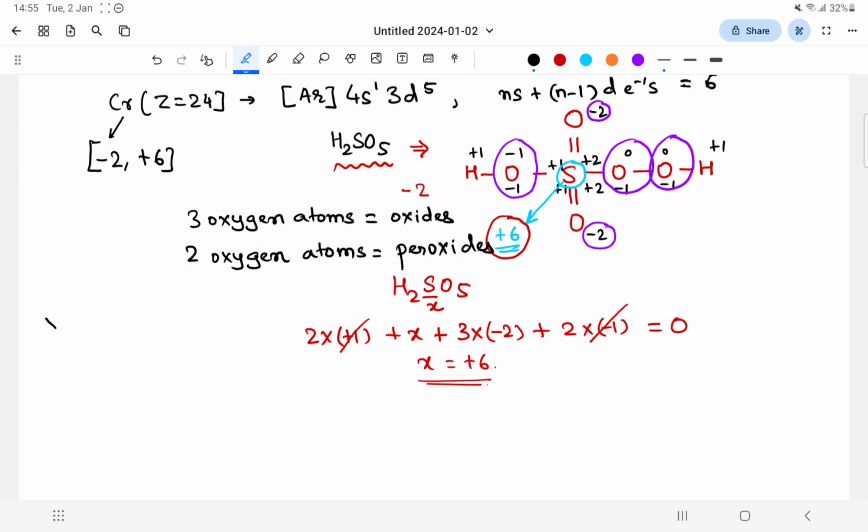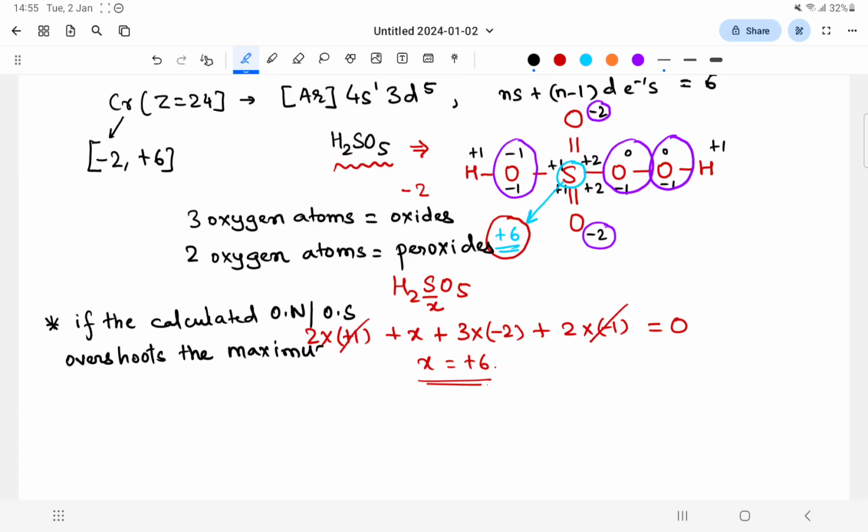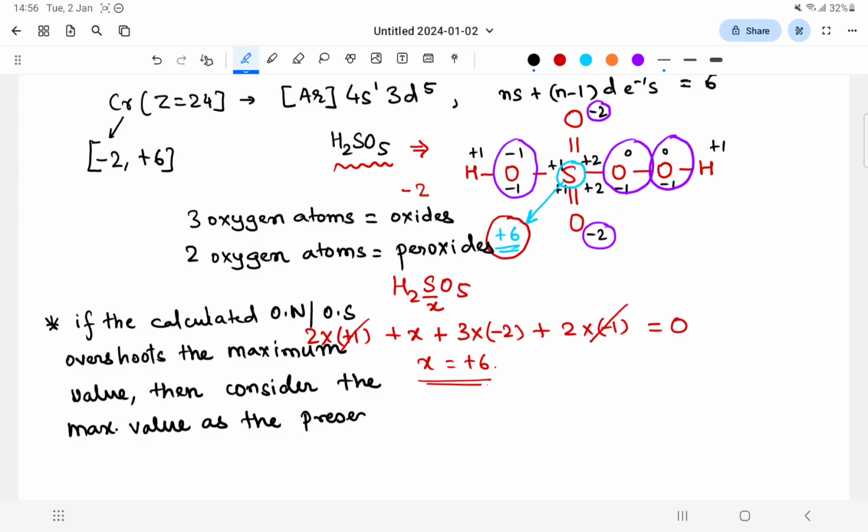So the concept is that if the calculated oxidation number or oxidation state overshoots the maximum value, then consider the maximum value as the present oxidation state.